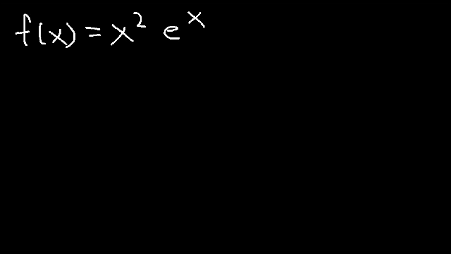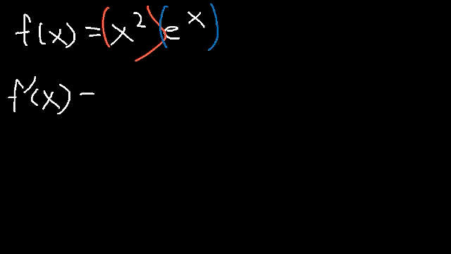So let's say we have the function x squared e to the x. So x squared is like the first part of the function and e to the x is the second part. To find the first derivative, differentiate the first part.